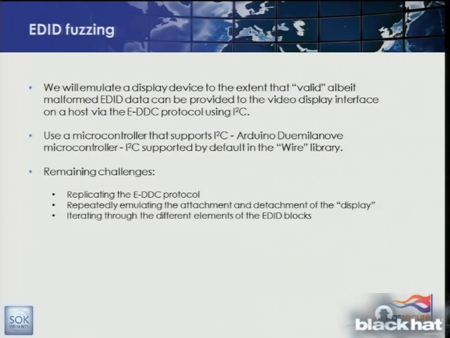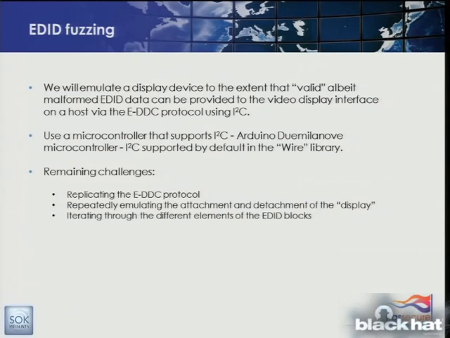So there are a number of other challenges that I needed to sort out before I could fuzz EDID successfully. First of all, I needed to replicate this E-DDC protocol. Yes, I can talk I2C, but DDC communicates over I2C, so I need to make sure that the Arduino is talking it correctly.